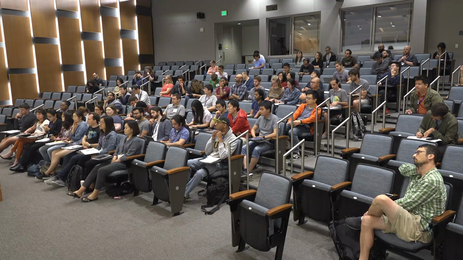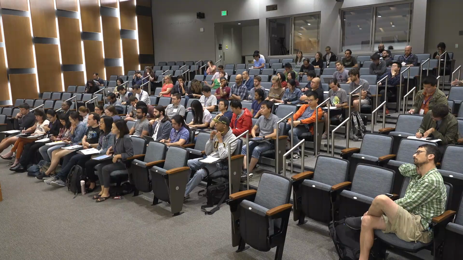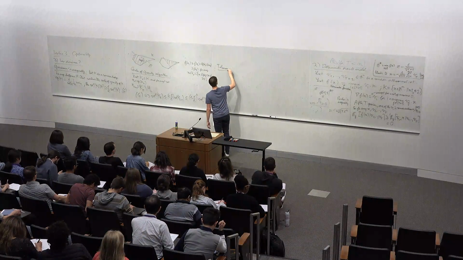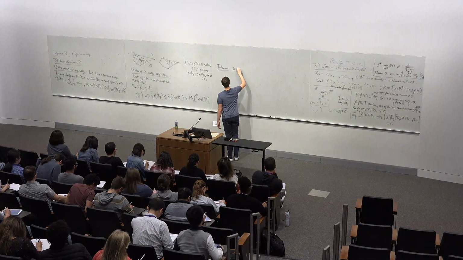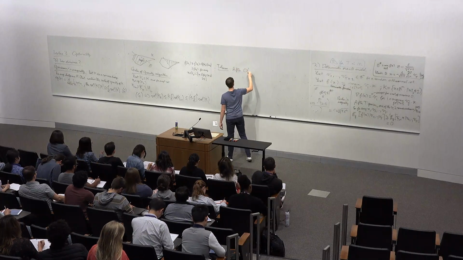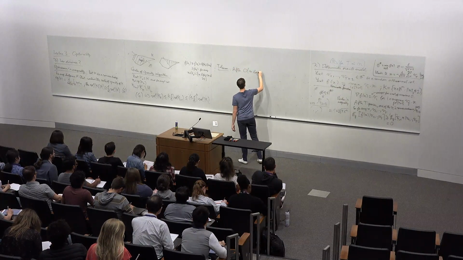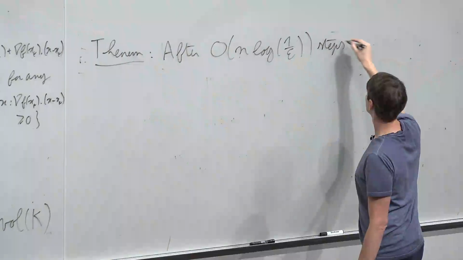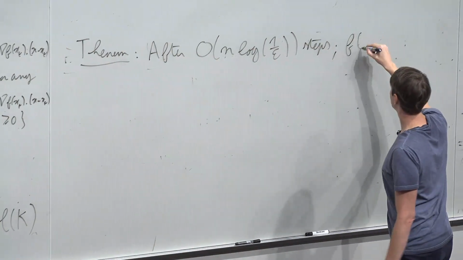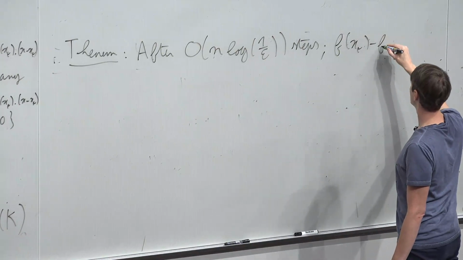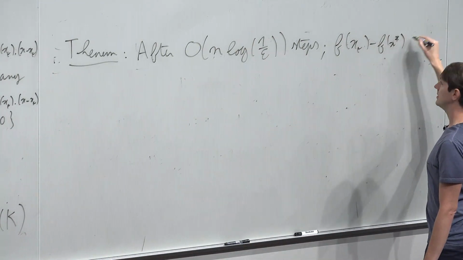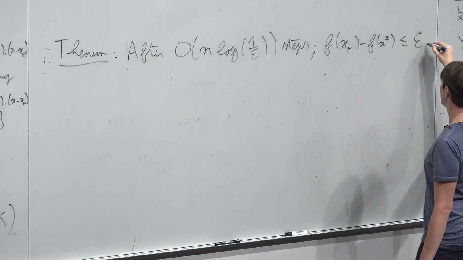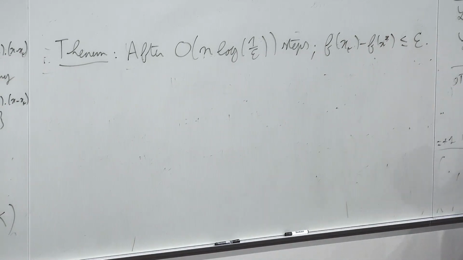Okay, so the theorem is like this. After of order n log 1 over epsilon steps, f of x_t minus f of x star is upper bounded by epsilon. Very, very nice statement.